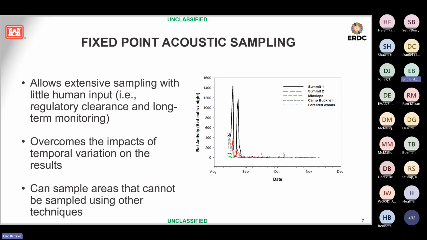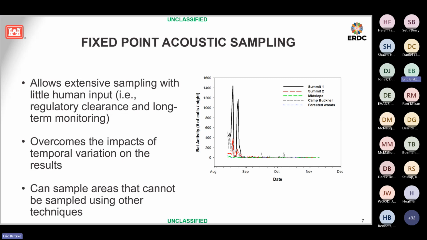On the right is an example of data that I recorded at West Point. This was obviously sampling during the fall, looking at fall migration. And what we see here is two strong peaks at one of our sites, and these are mostly big brown bats.